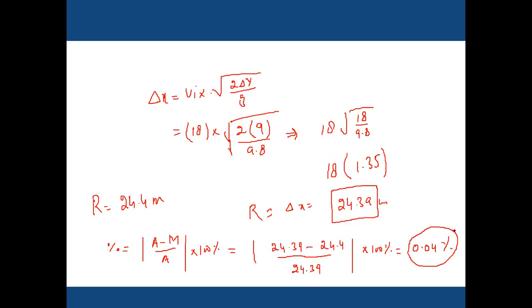Correct. This was the first method for finding the horizontal range when height is given, and also when the angle is zero. Okay, when you are given some angle and there is no height, how can you find that one?